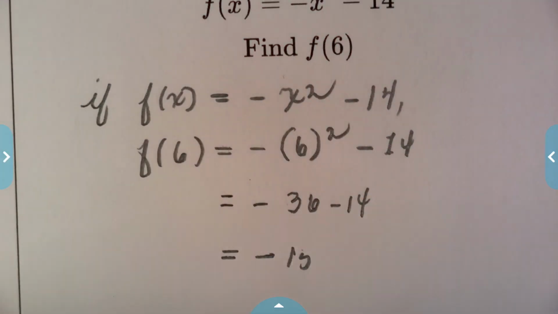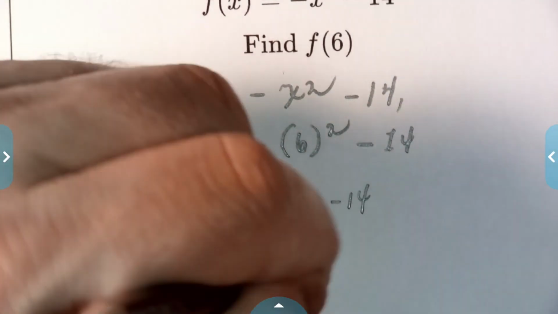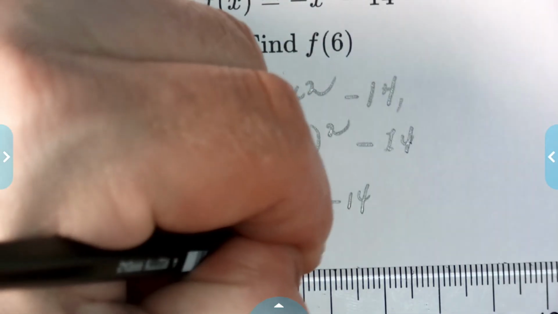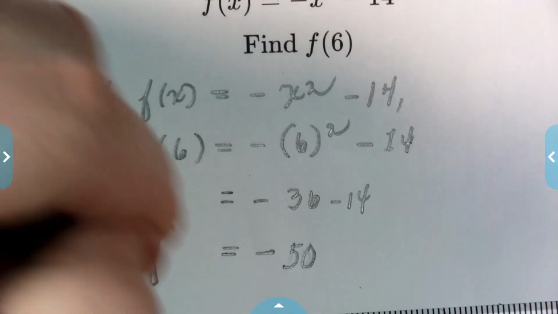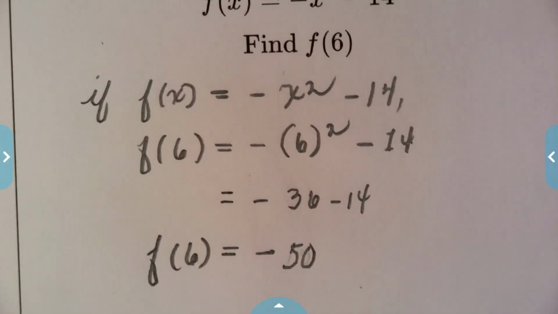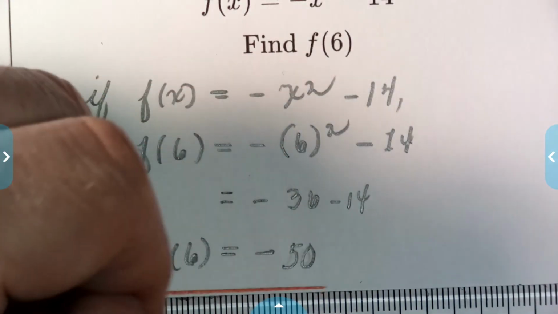Started to write negative 15 for a second there. Negative 50. F of 6 is negative 50. Okay. And we put a box around that.